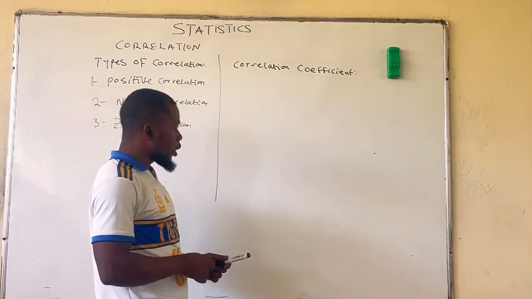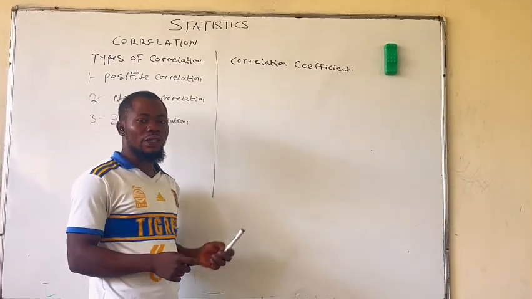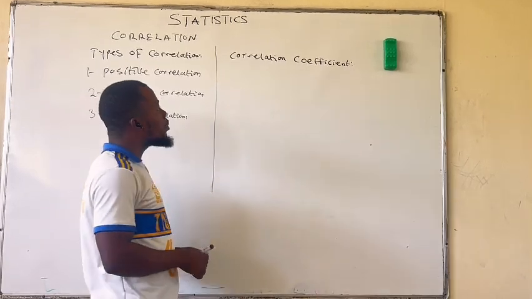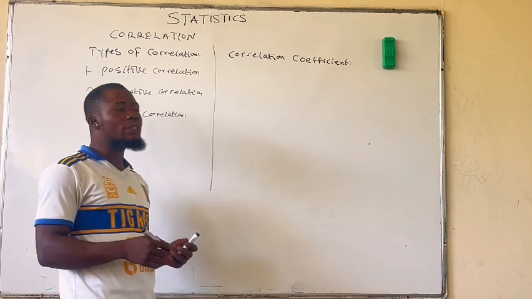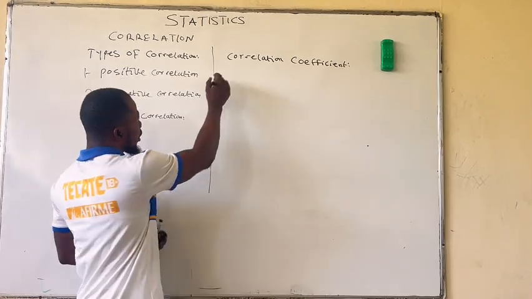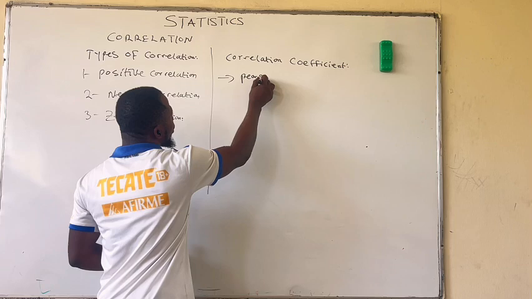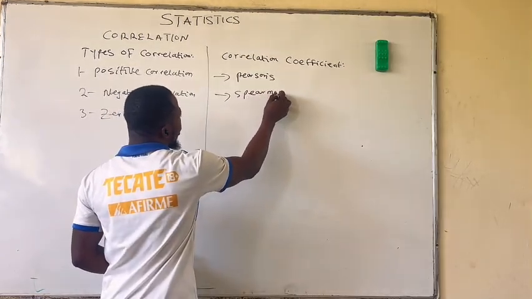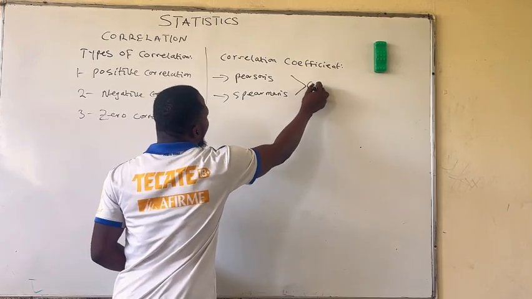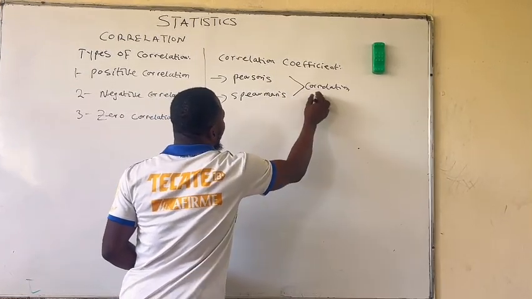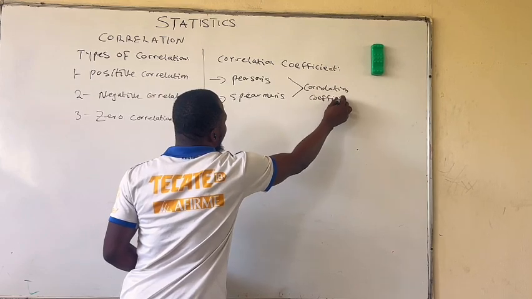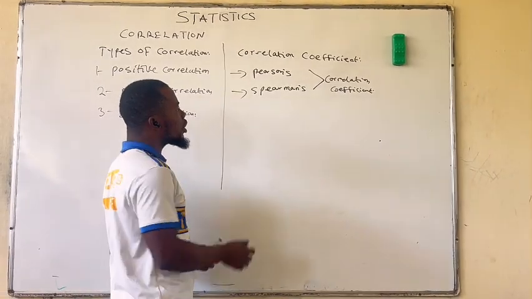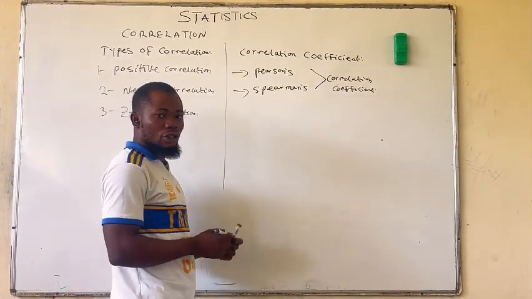A correlation coefficient is the numerical value that will tell us the nature of the relationship between the given variables. The most commonly used correlation coefficients are the Pearson's correlation coefficient and the Spearman's correlation coefficient.